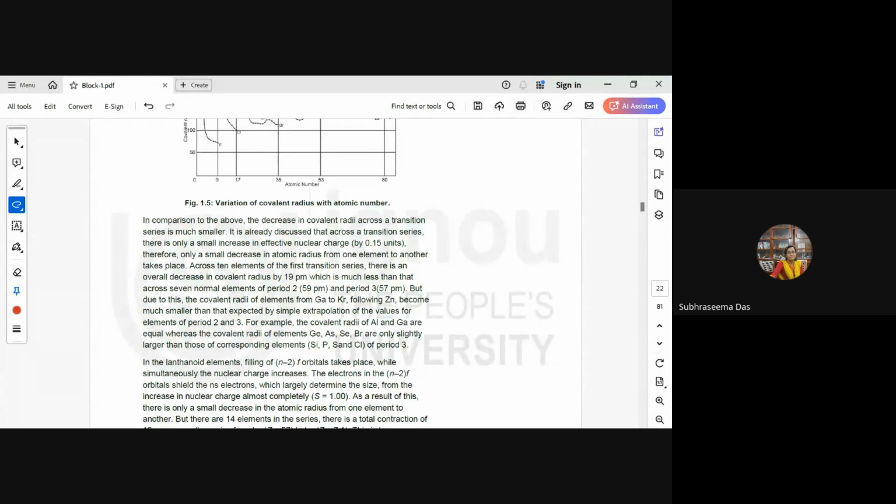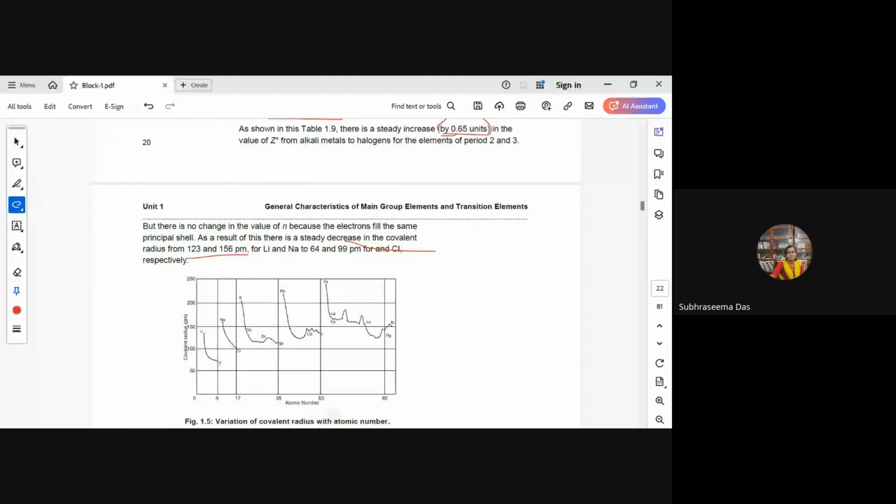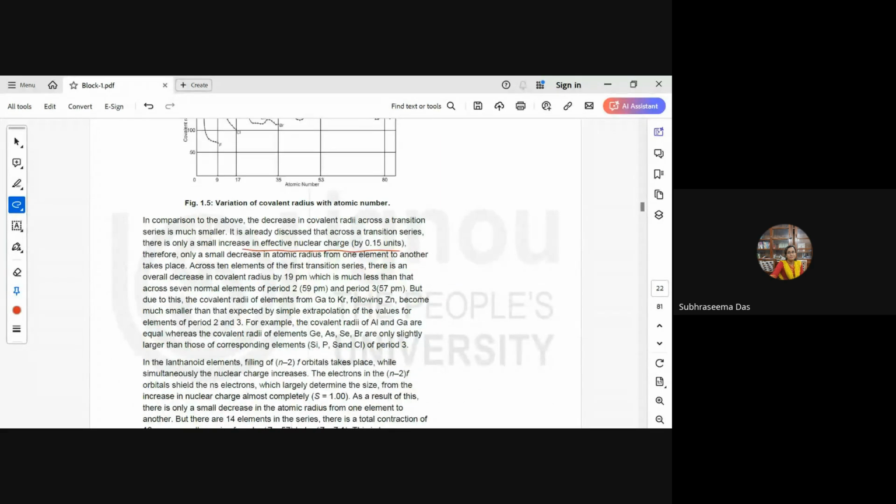There is a very small increase in effective nuclear charge of only 0.15 units, whereas the increase is 0.65 units elsewhere. Therefore, only a small decrease in atomic radius from one element to another takes place.